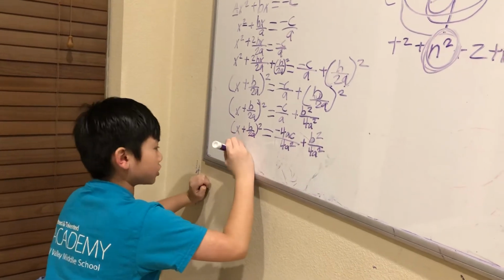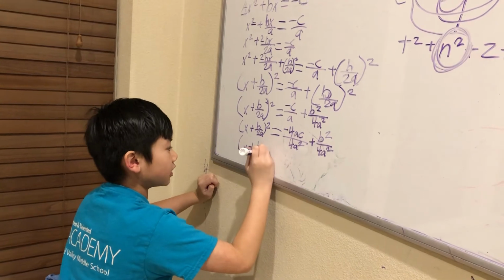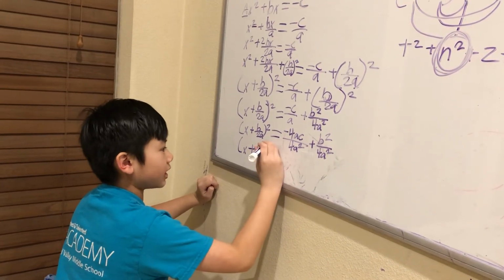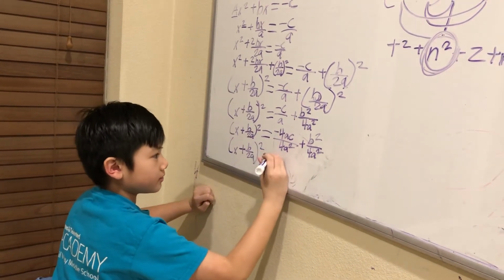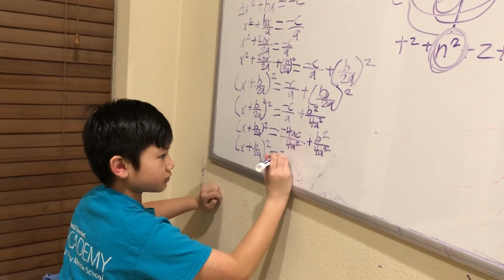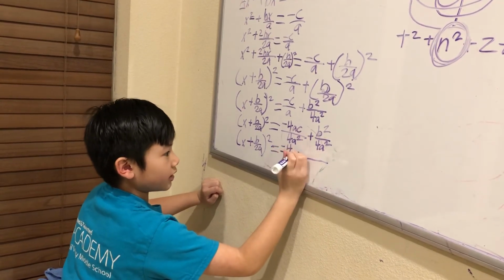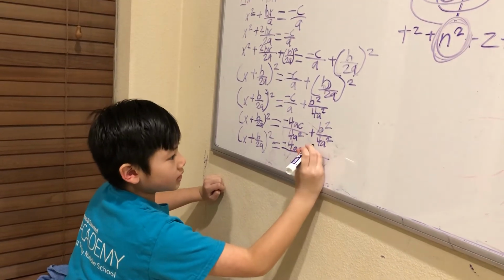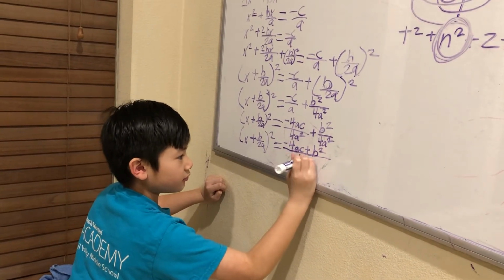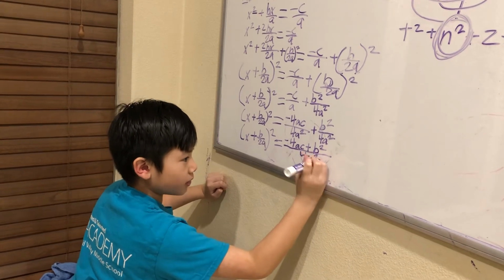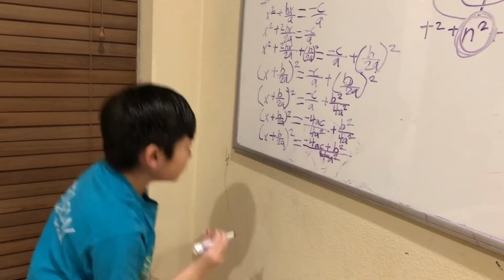So we're just going to start a new line, and this is the last line that is the same as the three above it. Then we're going to merge this fraction. So it's going to become negative 4ac plus b squared divided by 4a squared. Well, now we got to root this.